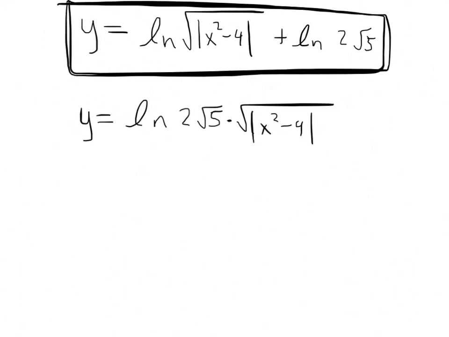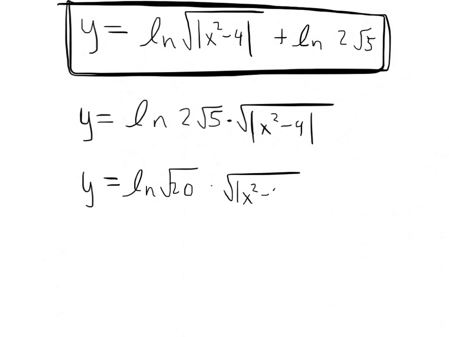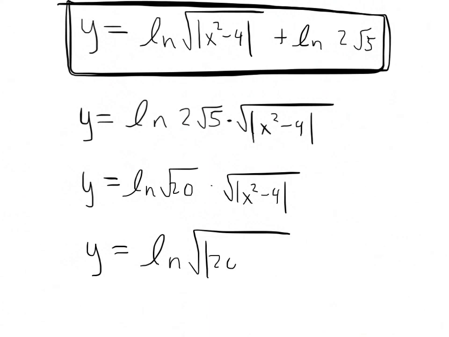But if I'm going to go that far, why not say this is the natural log of, remember we can take this 2 and move it in by calling this the square root of 20. And the reason I'm doing that is that we could make this the natural log of 20x squared minus 80.